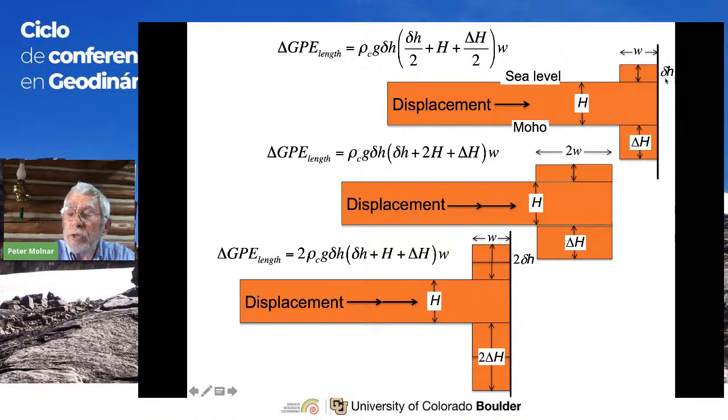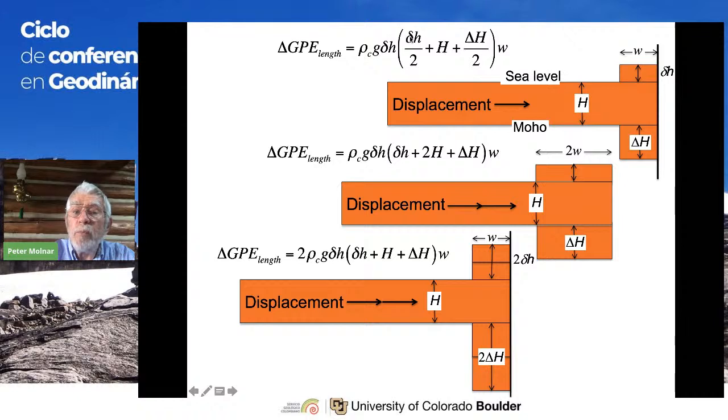Instead of delta H, as we had here, it's now 2 delta H. And you thicken the crust so that the root is twice as thick. Big delta H here, now 2 big delta H. The gravitational potential energy per unit length stored in this region compared to the low region now is the same as one would get if one doubled little delta H and doubled big delta H. Well, when you do that, you get this formula, which is not the same as that.